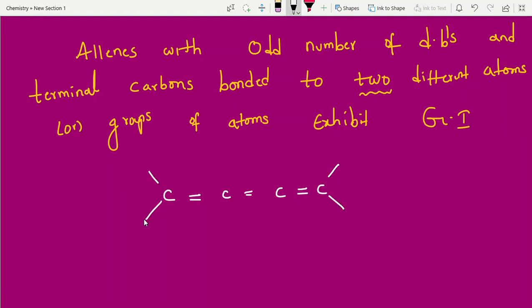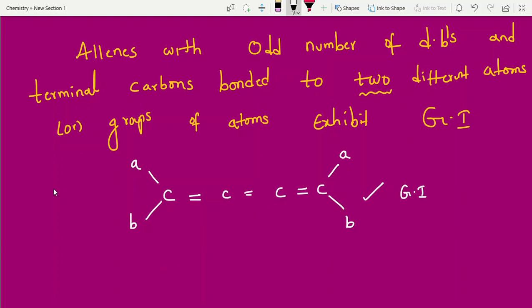This is exactly allenes. Now, it has A, A and B, and here A, B, then only it exhibits geometrical isomerism. Okay, cumulative double bonds means continuous double bonds, that too an odd number, then only it can show geometrical isomerism.